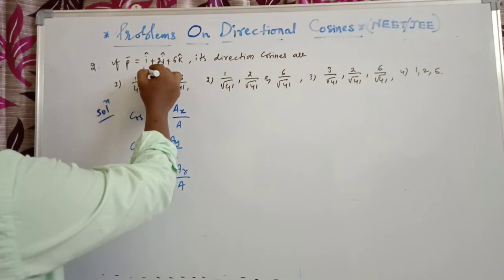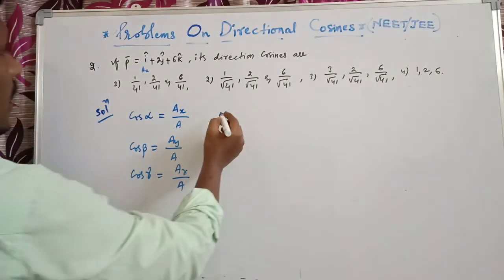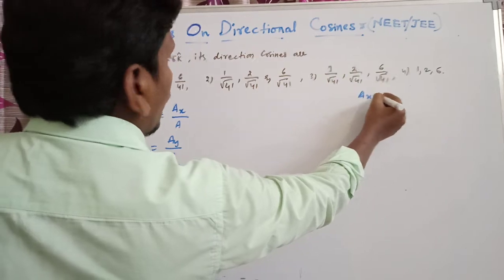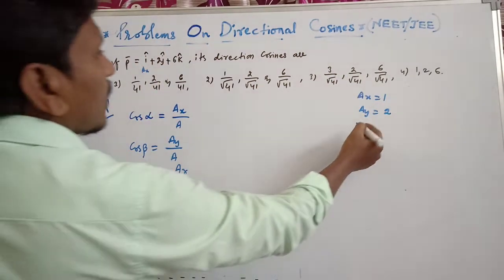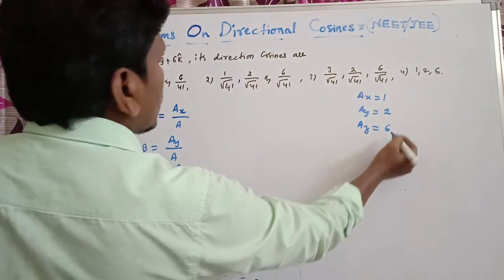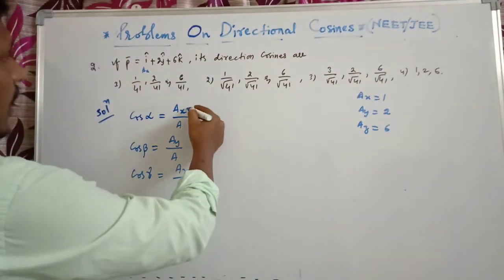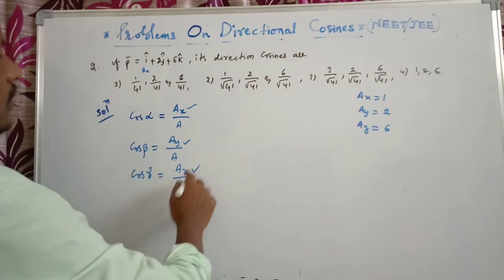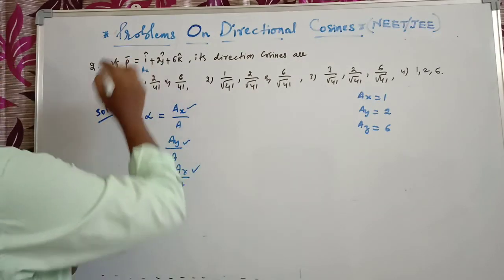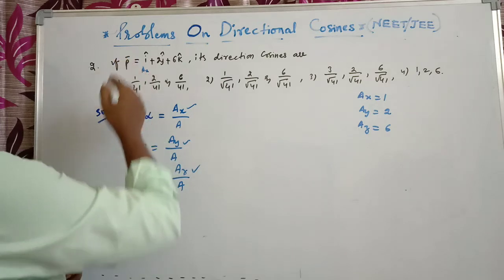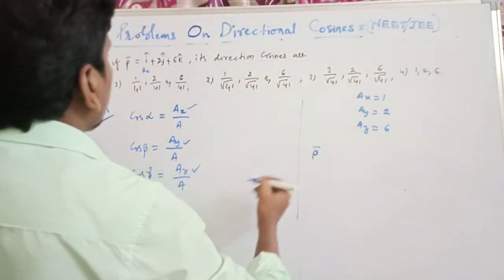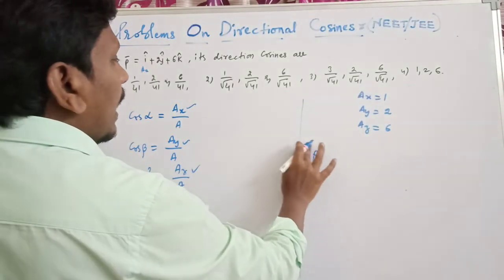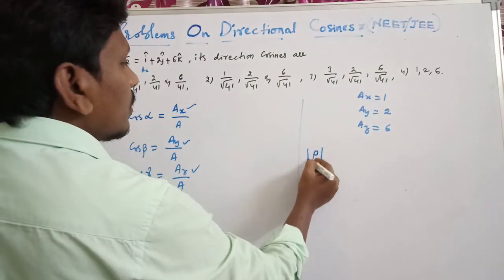So in this, what is ax? Ax is 1, ay is 2, those are the components, and az is 6. Ax, ay, az we have. Then what is a? A is nothing but the magnitude of the vector p bar.